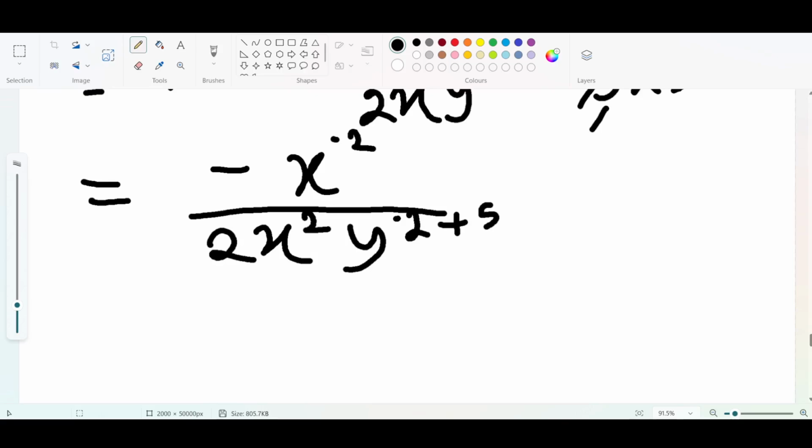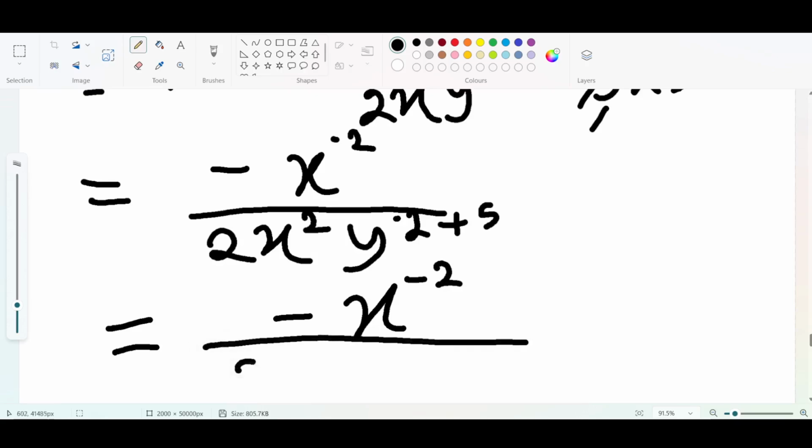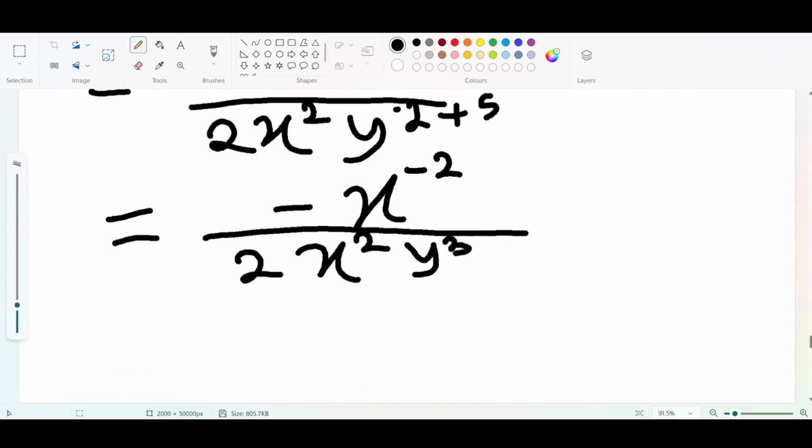So this is now going to be minus x raised to power minus 2 all over 2 x raised to power 2. Then y raised to power minus 2 plus 5 is y raised to power 3. Right? So now x is at the numerator, also x is at the denominator. So at this point, this is division.